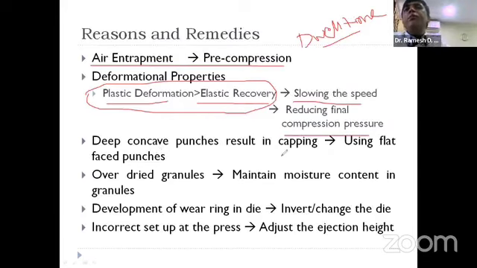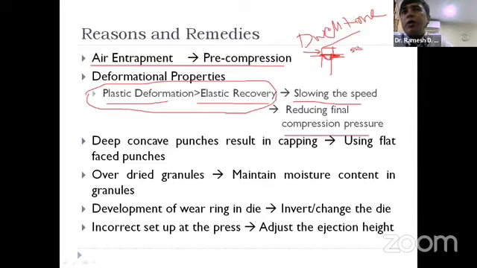When we are using deep concave punches, then there are chances of capping. As we are using deep concave punches, some of the tablet mass remains within the die cavity or below the die table during ejection. Now, when the scraper forces the tablet to eject, the mass which is remaining inside the die cavity will experience restriction from the wall, and it may lead to capping.